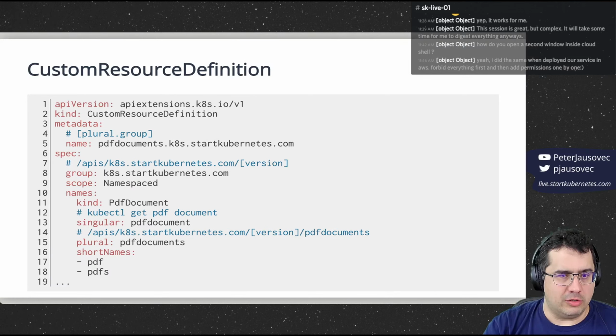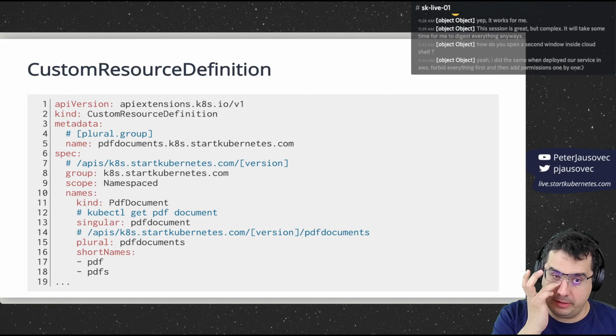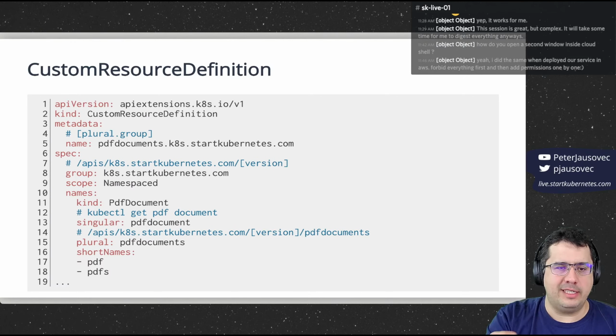Under plural, that name would also apply to kubectl get PDF documents, but it also will be the name that shows up in the API endpoint for this resource, right? So it's going to be API/name/version/PDF documents. And then short names are just the short name versions of the PDF document resource. So we could say kubectl get PDF, for example, so we don't have to do get PDFs.